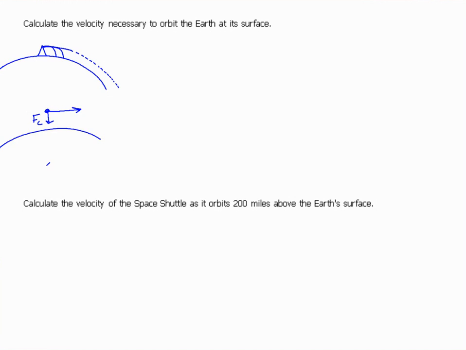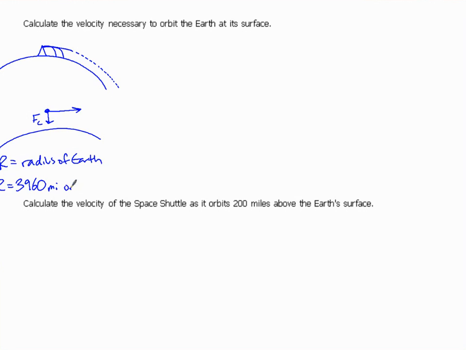Some helpful information. So for this one, r is the radius of the Earth. And so r is about 3,960 miles.